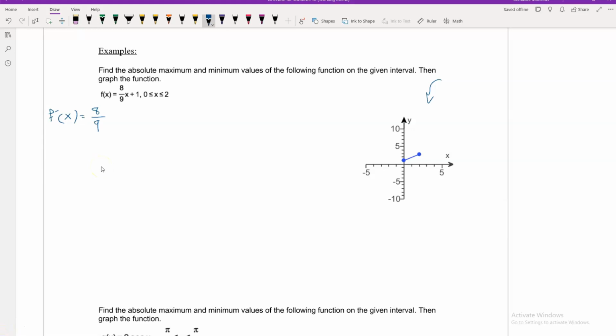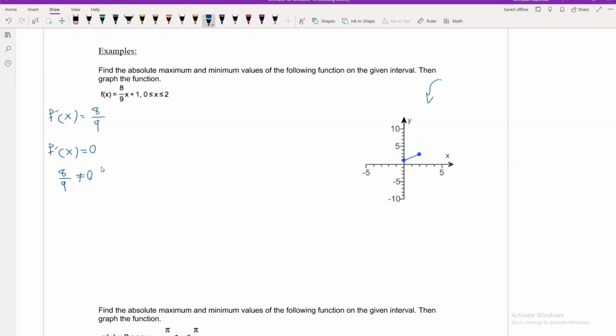Now the next step is solving for x. In this case, we don't have x. That means that if I try to solve this for x, I'm not going to have critical points. But we have to follow the steps. f prime of x equal to 0, but in this case we have 8 divided by 9, and that is not equal to 0.